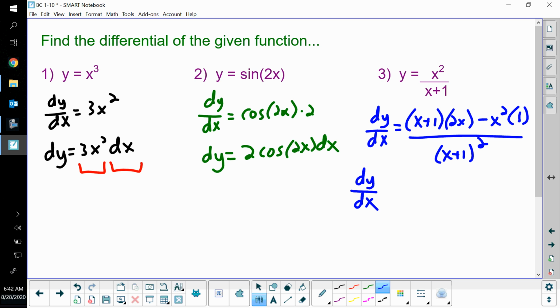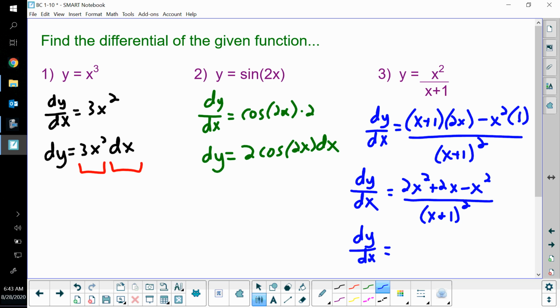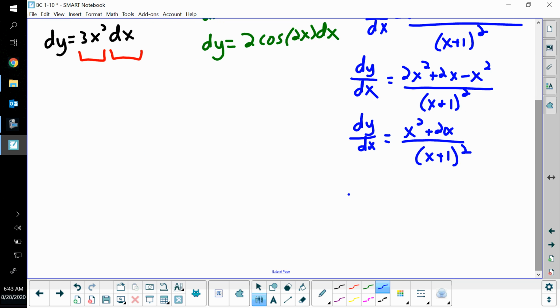If we distribute the 2x, we'll have 2x squared plus 2x minus x squared. And then this will just be x squared plus 2x over x plus 1 squared. And to finish off, to get our differential, we'll just multiply the dx over.